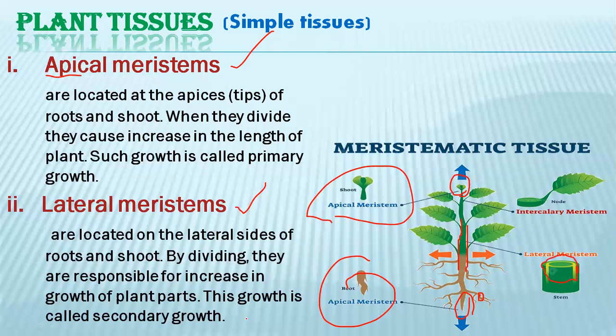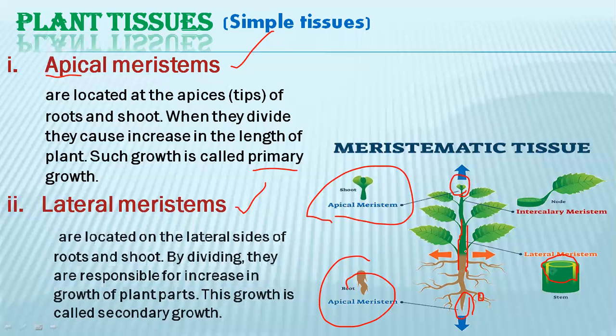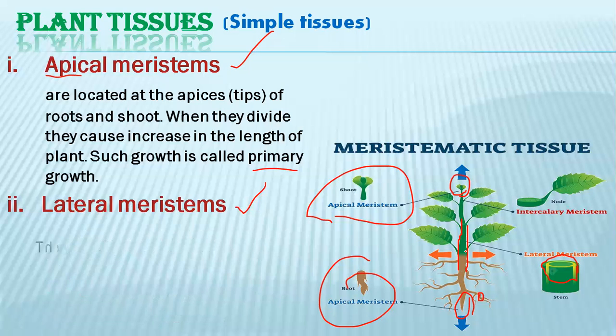That growth is called secondary growth. The growth in the apical direction is called primary growth, and growth in the lateral direction, when plants get thick and fat and increase in width, is called secondary growth. Lateral meristems are of two types.